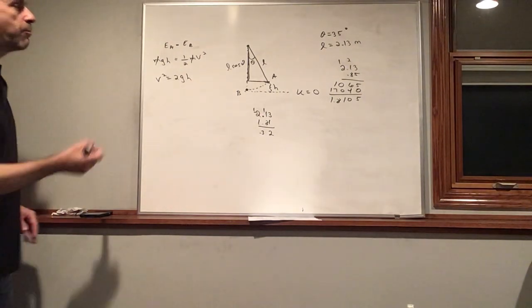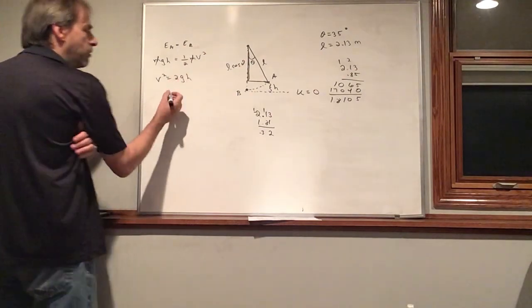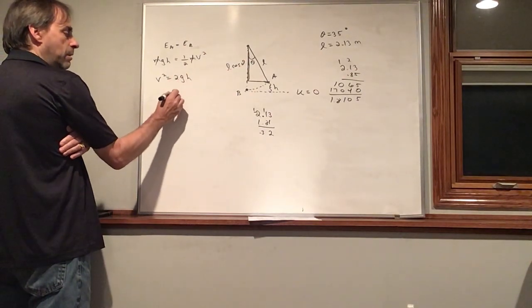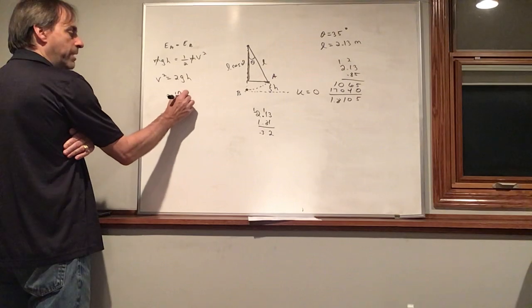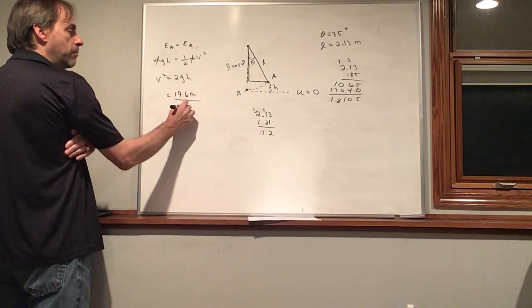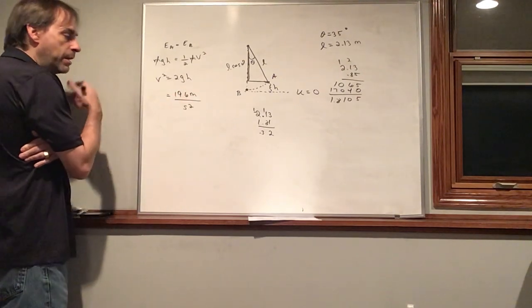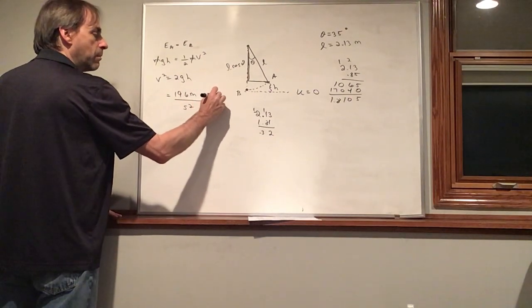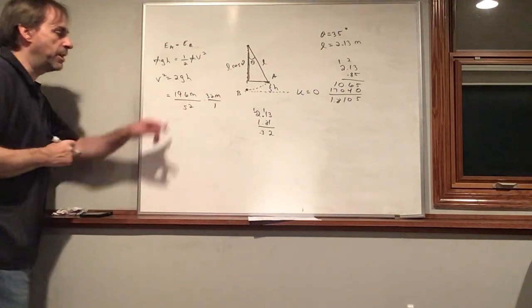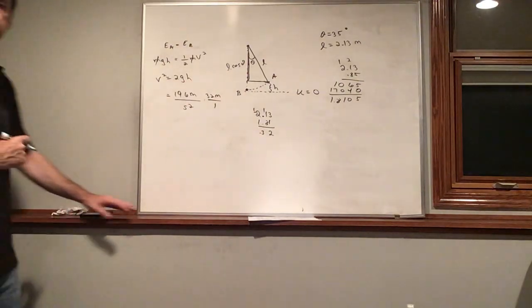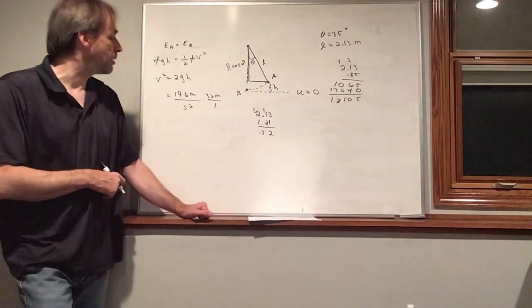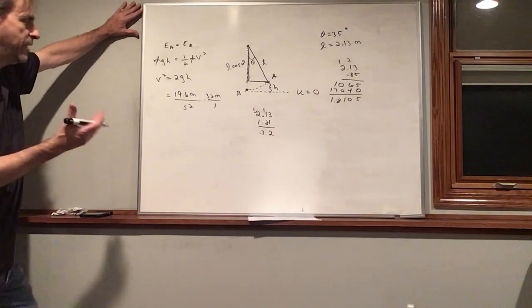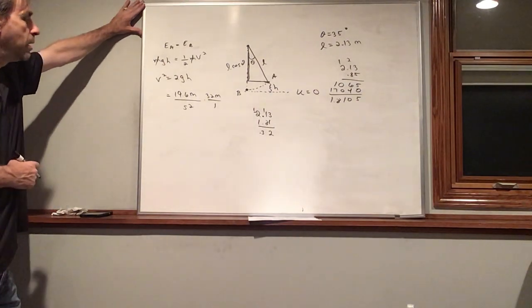And so now we can just plug things in. We have 2 times 9.8, that'd be 19.6 meters per second squared, and then times 0.32 meters. So our units are going to be meters squared per second squared, and then we'll take the square root. 0.32 is roughly a third.